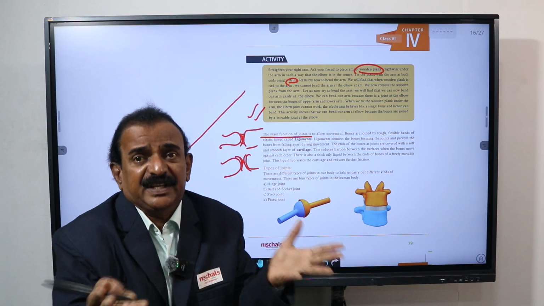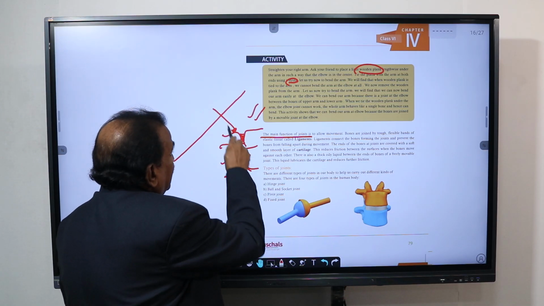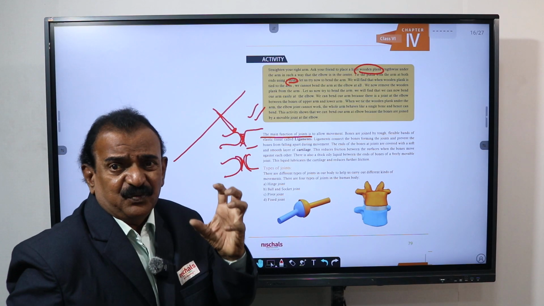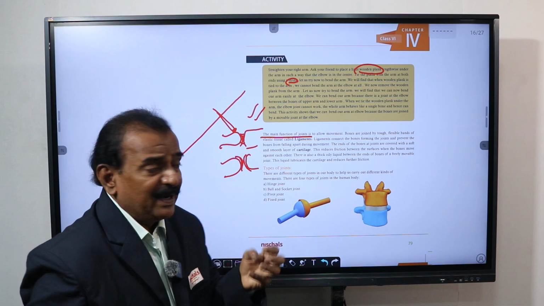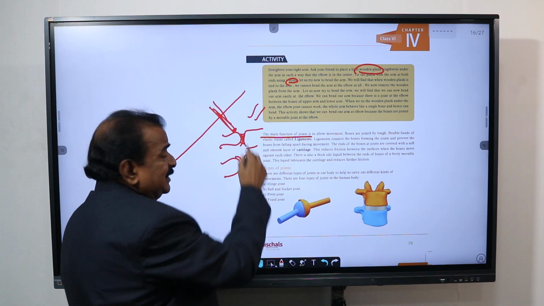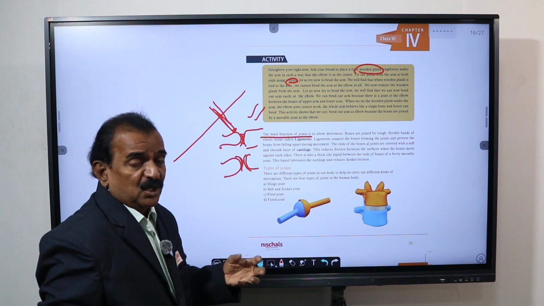It prevents friction. Again, here you see the presence of strong, tough, white bands made up of collagen fibers, and these are called tendons.